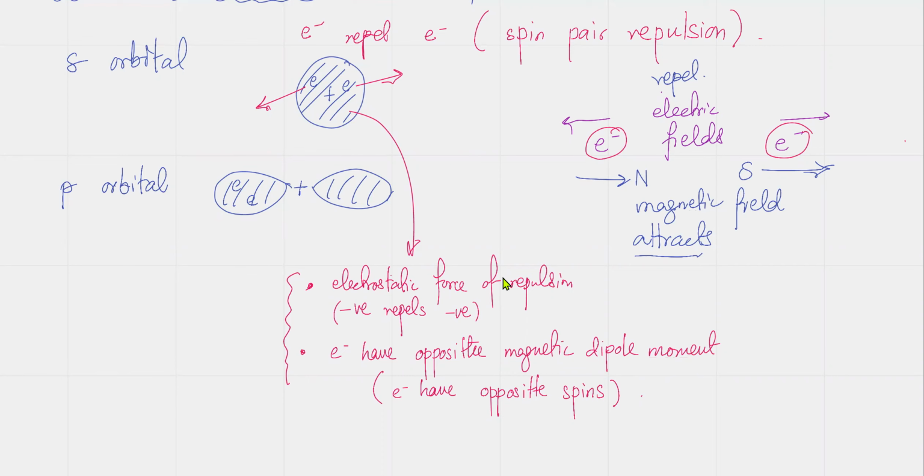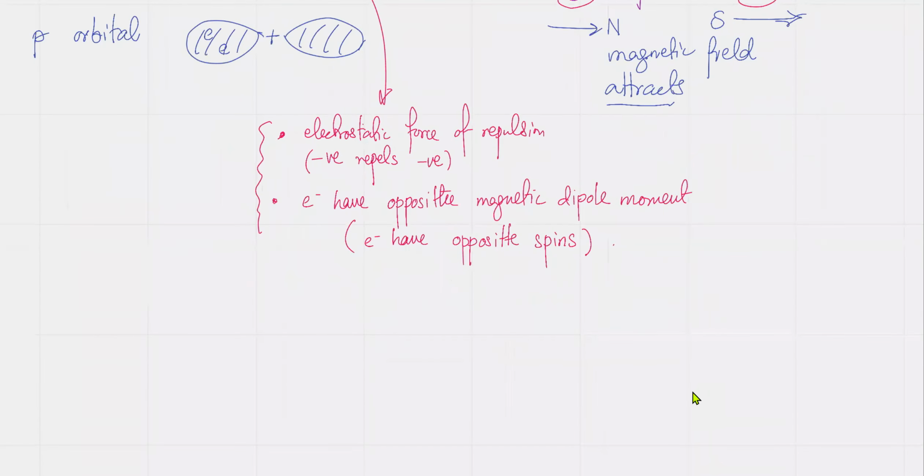And moving on from there, they're going to have opposite spins. The way electrons are going to be represented from now on is, a lot of times in certain diagrams, for example, they will tell you an s orbital. An s orbital would simply be represented by a box. So let's say that's your s orbital. There's just a box, and that s orbital is going to have two arrows.